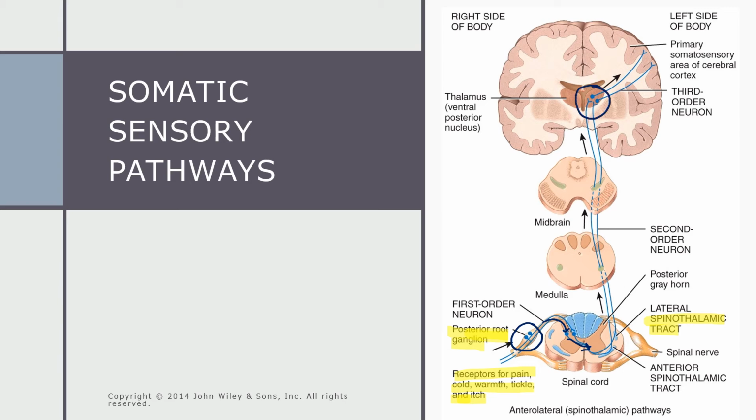So this one is a very particular area of the thalamus that these neurons will synapse in. And this is where they synapse with those third order neurons. The axons of the third order neurons then project to the primary somatosensory area on the same side of the cerebral cortex as the thalamus, or as the part of the thalamus that they synapsed in.